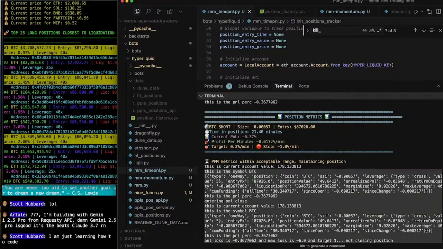So I can see the profit per minute, the target. Also have the take profit and P&L in there as well. And the minimum and maximum time. That position metrics thing you made was great. Just add those things and put it at the very bottom of the printout. So it's the last thing it prints.